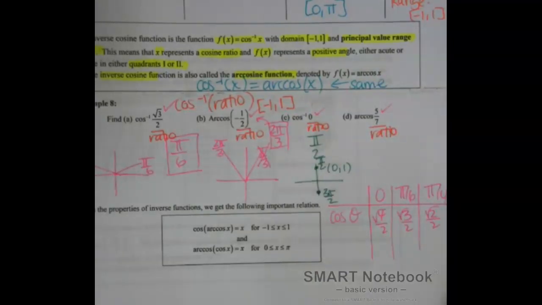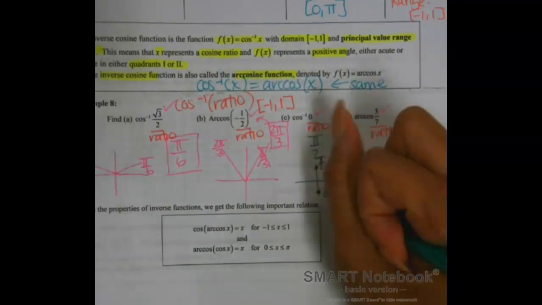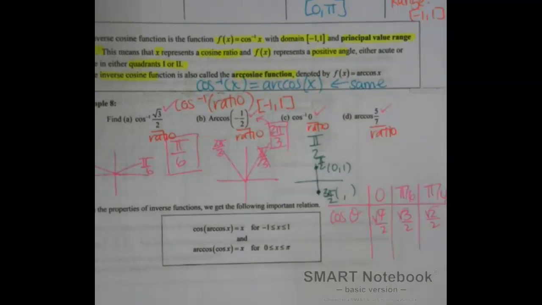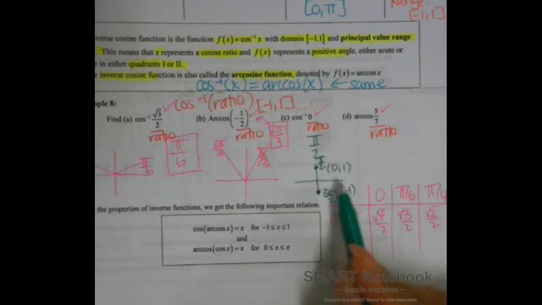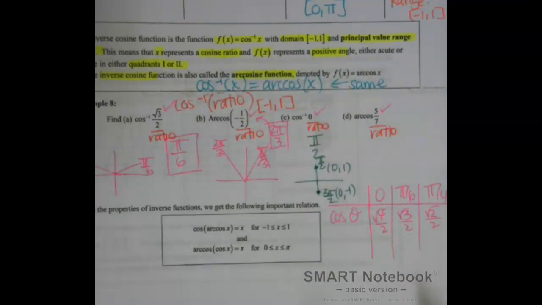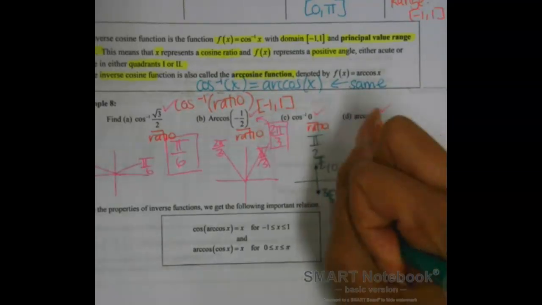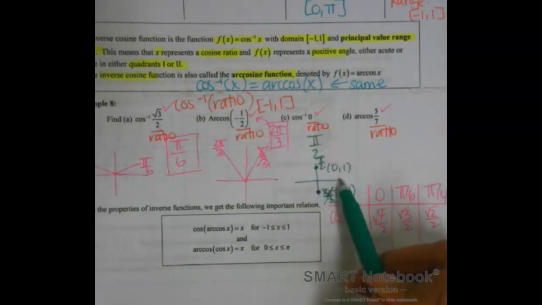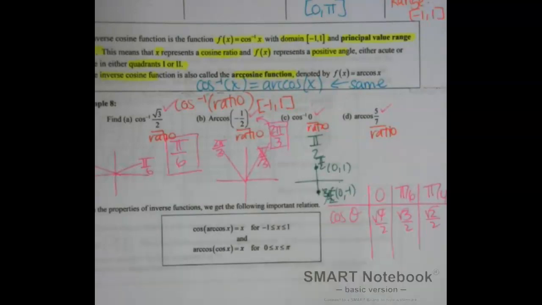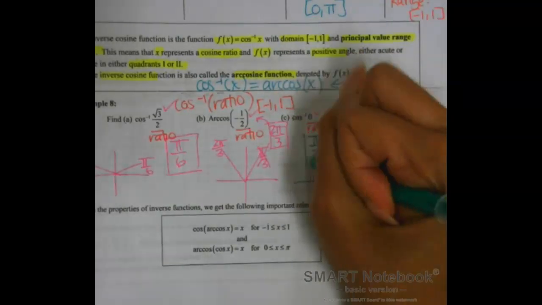Negative pi over 2, 3 pi over 2, it's the exact same location, so you're absolutely right. What's the coordinate here? 0, negative 1. Let me ask you this, though. Is this between 0 and pi, like we said that cosine inverse needs to be? No, that's why we can't use it. There is another one, but we can't use that value because it's not between 0 and pi. It needs to be in the first two quadrants. Good job, though. It is pi over 2.